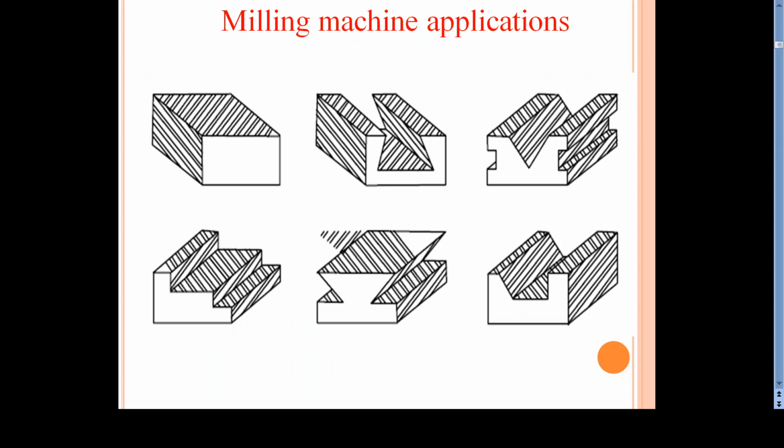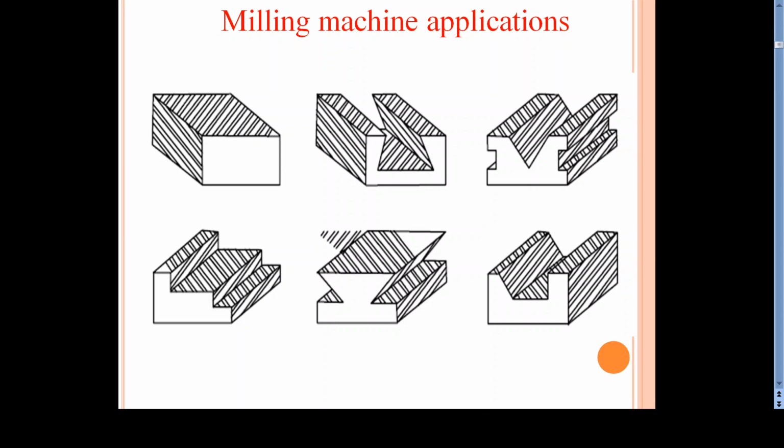So these are some of the shapes which can be generated in a milling machine. All these are the straight cut edges, but we can also produce the contours, the curvatures. Also we can produce different pockets of different shapes, especially if you use a CNC milling machine, which can be used for all types of shapes.